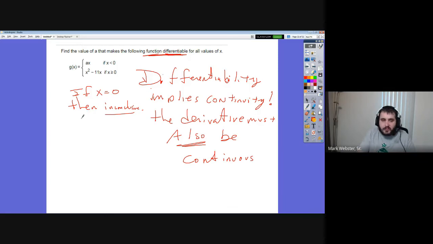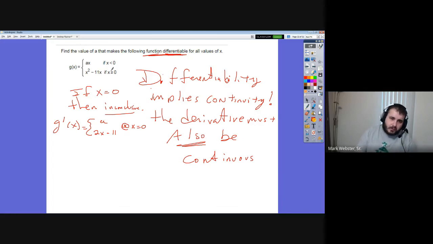is we have to go to the derivative now. So we look at g prime of x, and it's a, and the other one's 2x minus 11, right? And this is at x equals 0 that we care about.